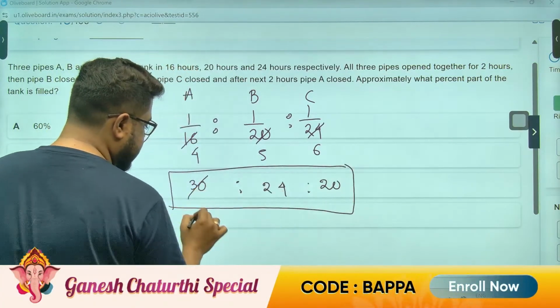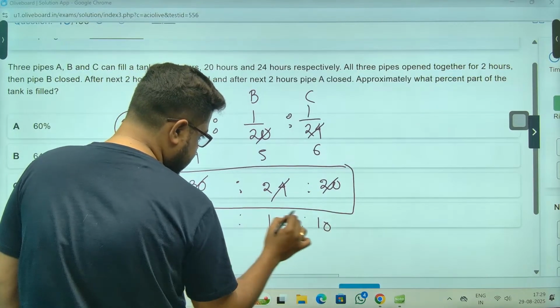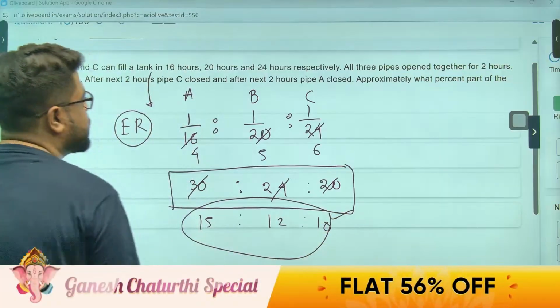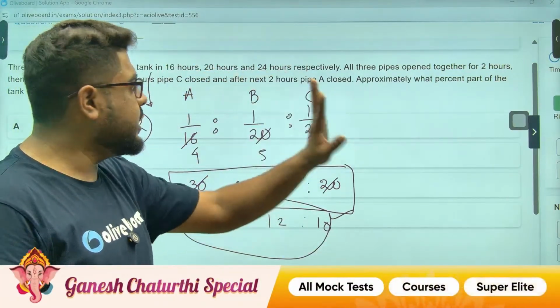Then just 15, 12, 10. So this is the actual efficiency ratio, meaning A can fill this much, B this much, C this much every hour.